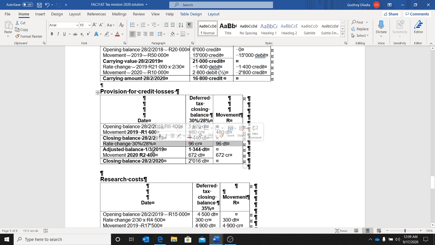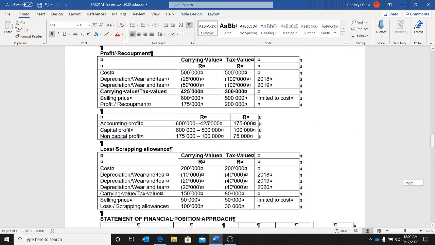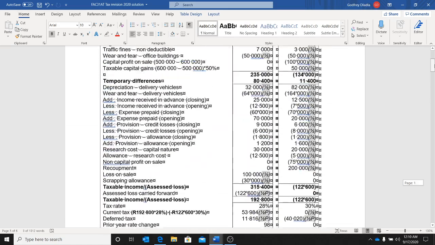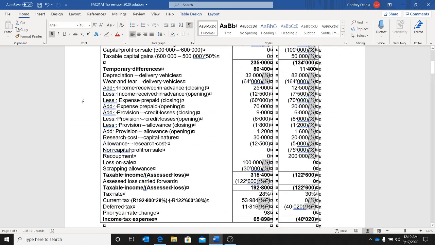Now, right. Then you take this plus the 96. It gives you this figure here. Then you go to this here, which is this one here. There we go. Here.